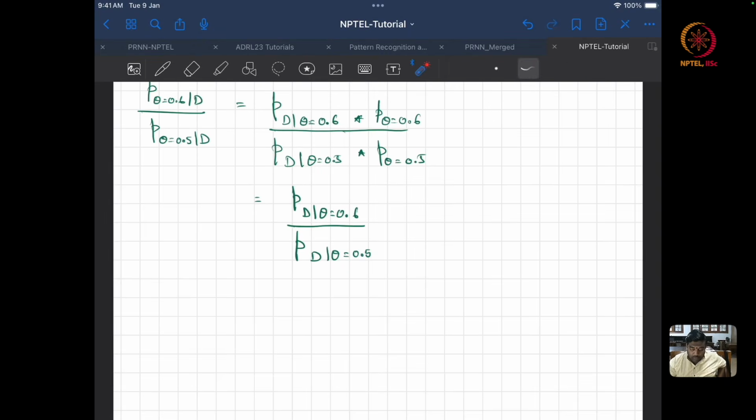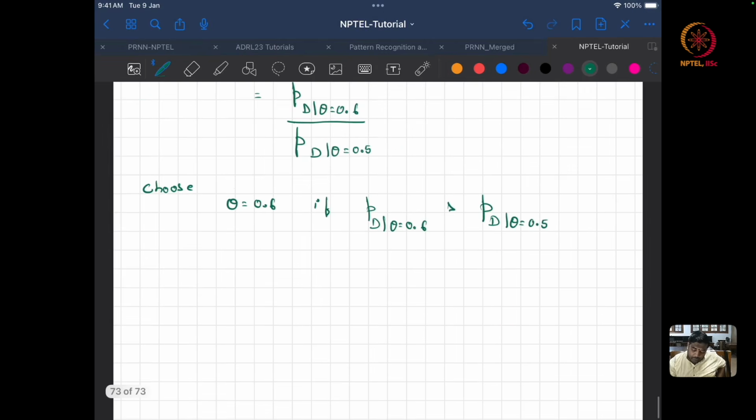This is the ratio. When this value is greater than this, you choose 0.6. The other way, you choose 0.5. Now choose theta equals 0.6 if P of D given theta equals 0.6 is greater than P of D given theta equals 0.5.